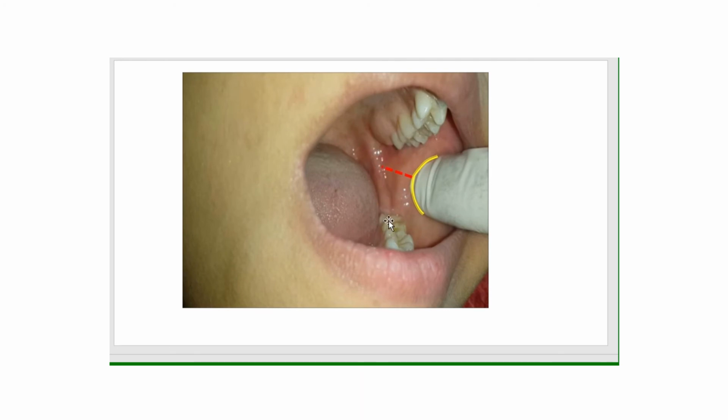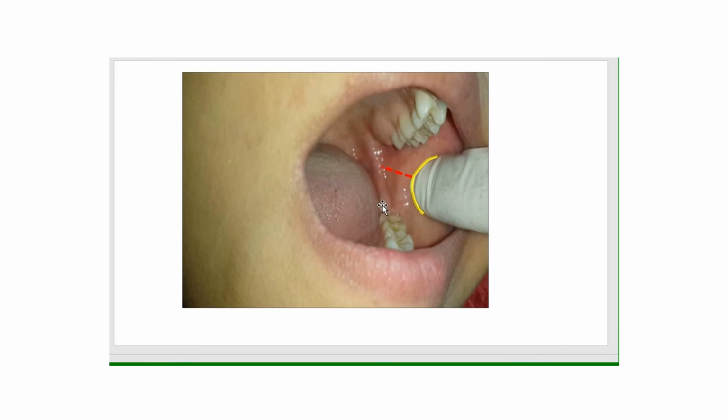It is a band of mucous membrane between the last molar teeth. Everyone can feel it by introducing his finger in his mouth between the posterior end of the upper jaw and the lower jaw.